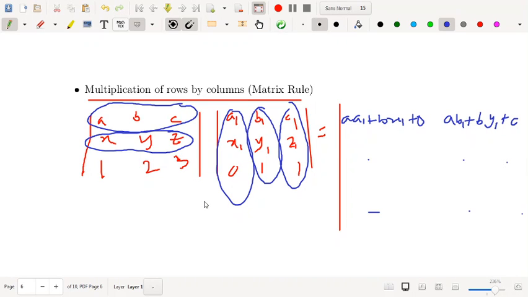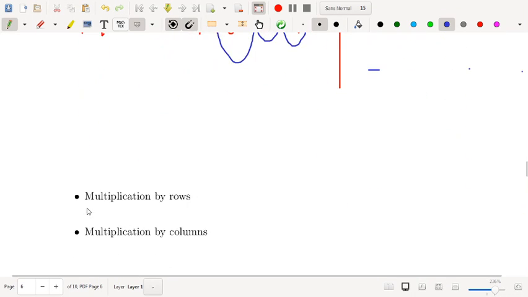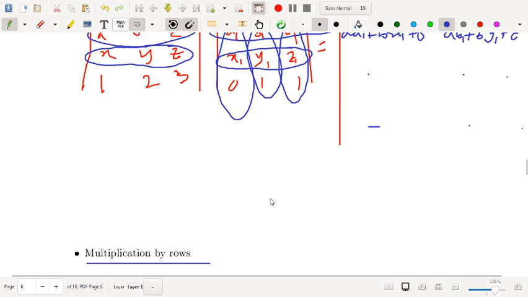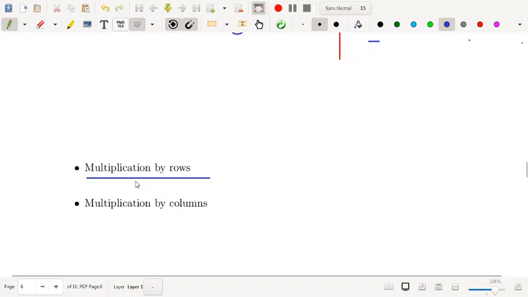This is the first rule. Second, multiplication by rows, that is row by row: you consider the first row with the first row, first row with the second row, first row with the third row. Clear? That is, row of the first determinant with row of the second determinant.